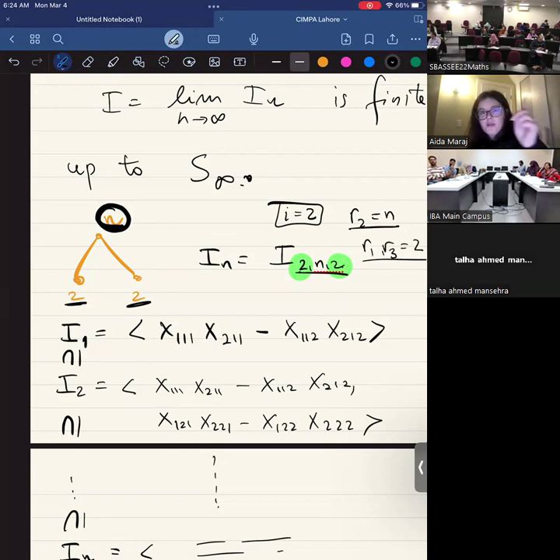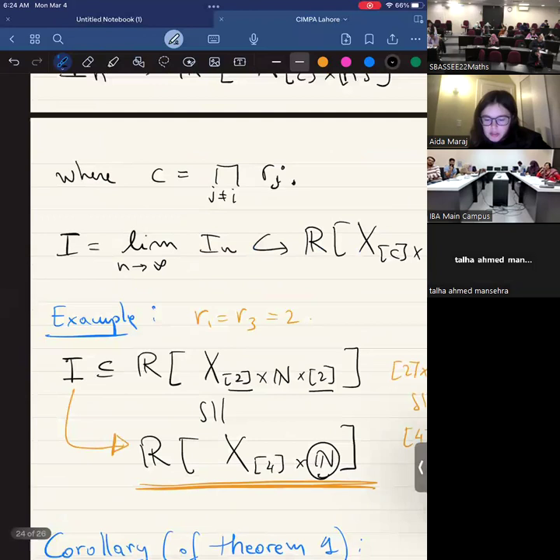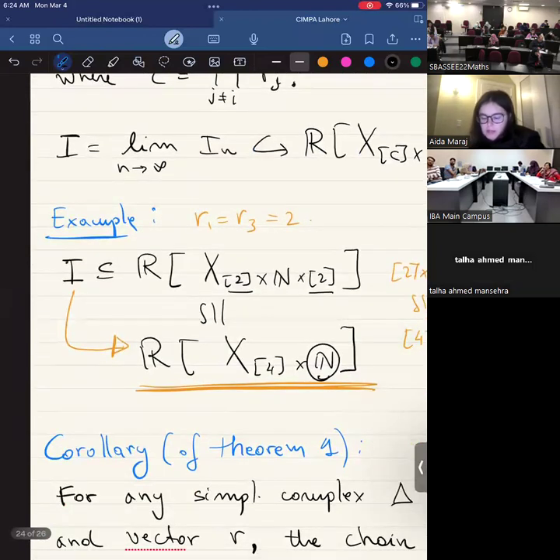Chain means we have only one thing growing, just one direction, coming from R2 letting to vary, and everything else is the same. If we were to vary also R1 and R3, the only problem would be that we would not be in a polynomial ring that has only one n in the indices.